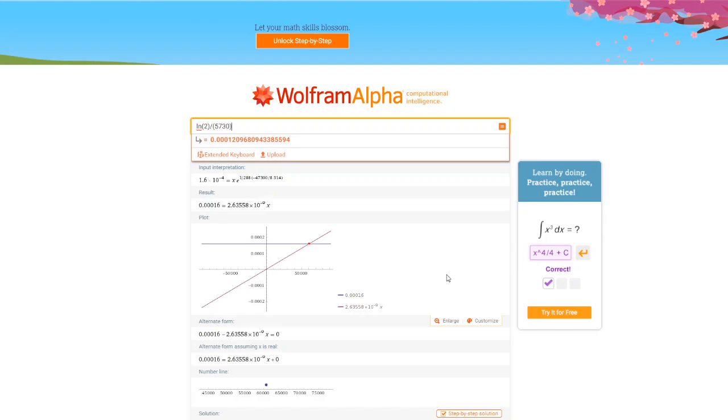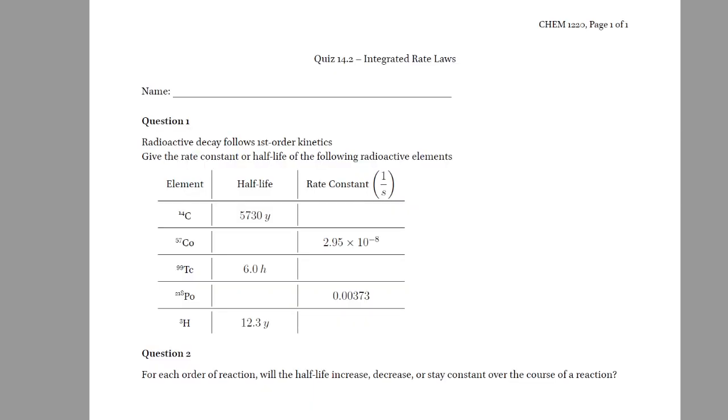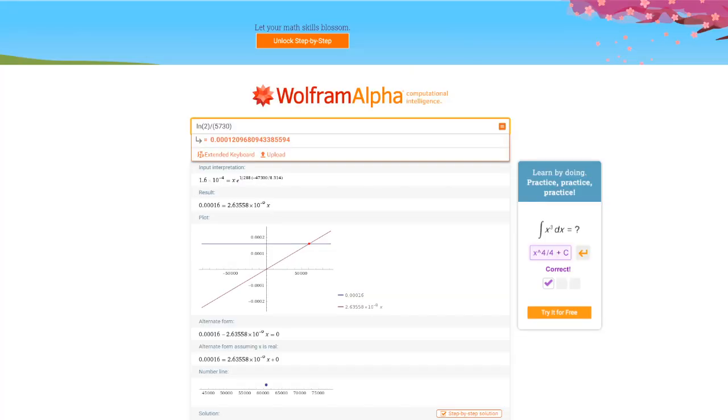And this will give me a rate constant in units of inverse years. But sometimes it's nice to compare rate constants using similar units. So you'll notice on the quiz, let's bring the quiz back up here, I've given you the units of inverse seconds. So let's go ahead and convert our years into seconds.